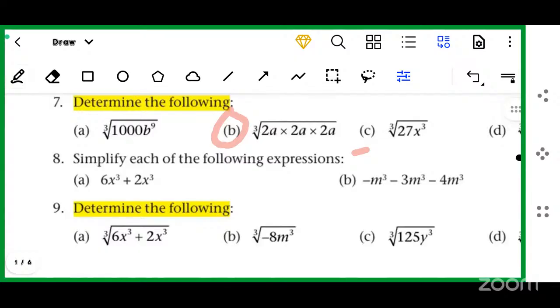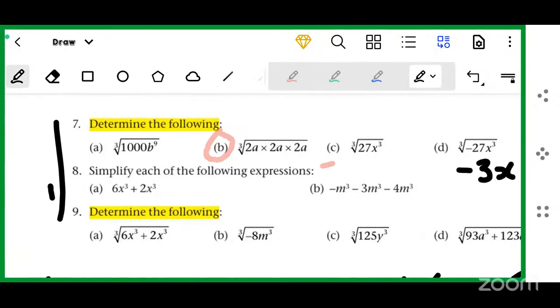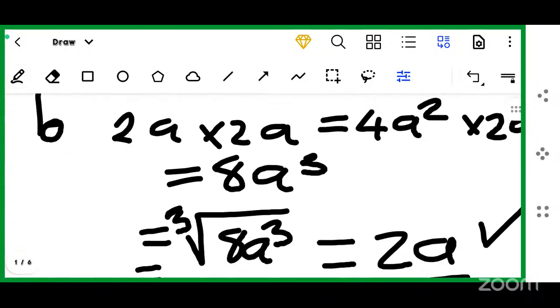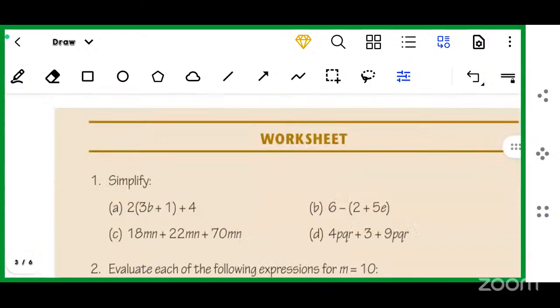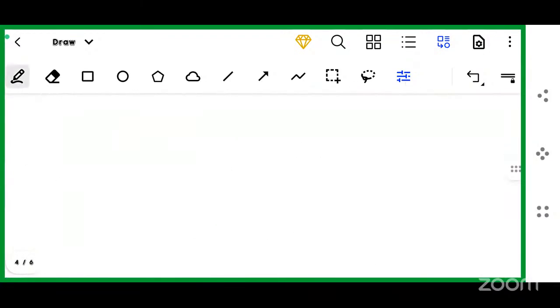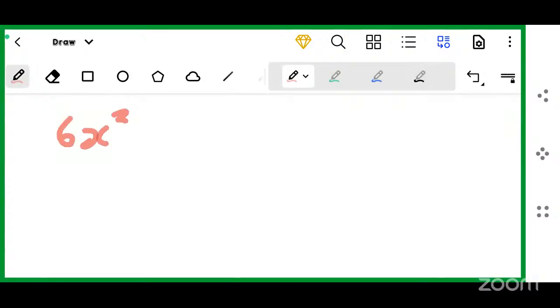Let me explain this one to you guys. Let me work it out here: 6x to the power of 3 plus 2x to the power of 3.